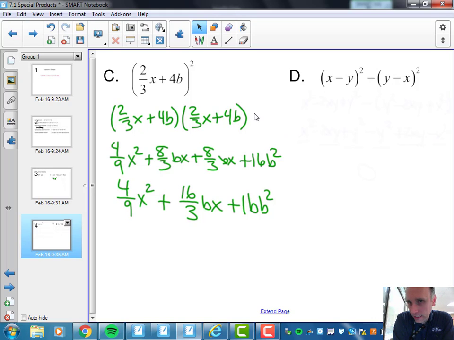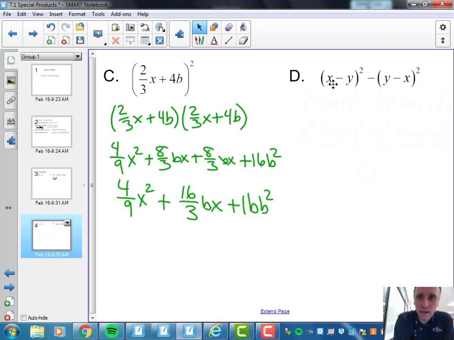Last example we'll look at here is D. And this one's got a little more operations going on here. We've got x minus y squared minus y minus x squared. So what I'm going to do is look at the special product here.